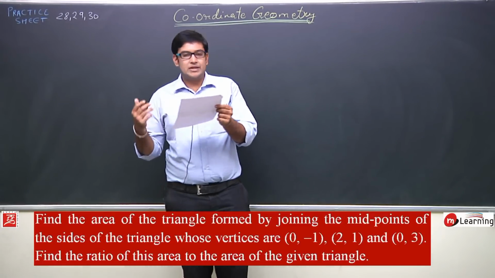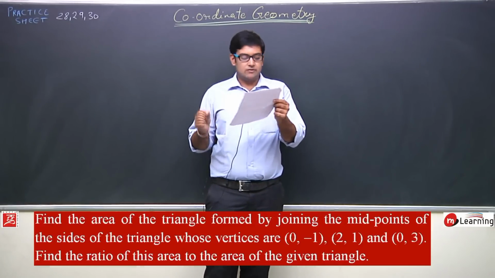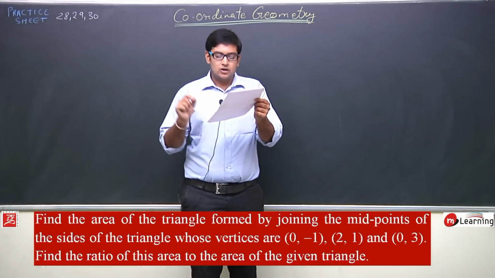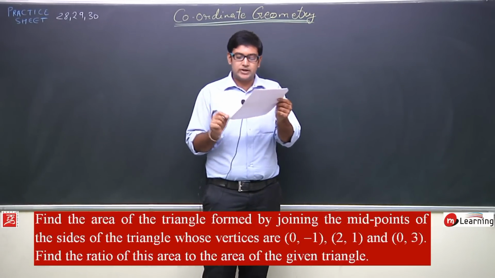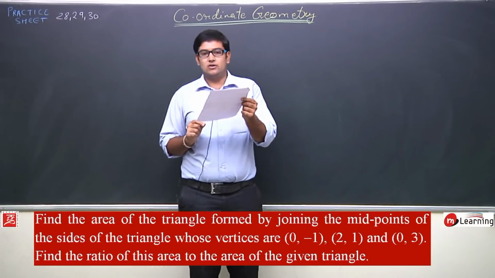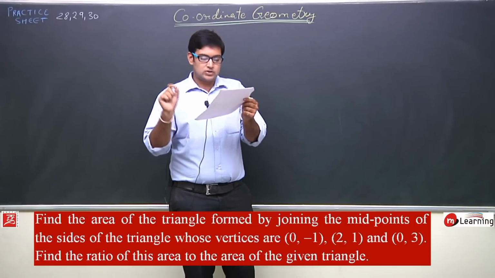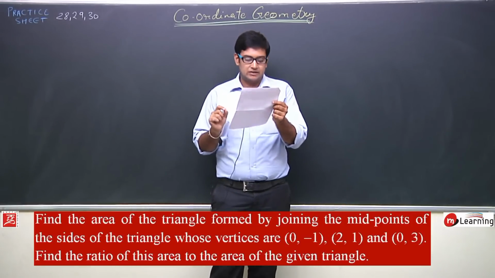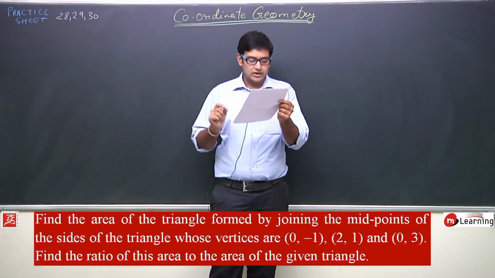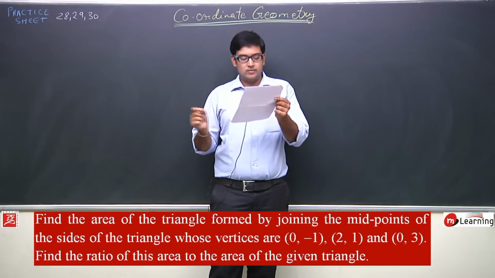Okay, so let me repeat the question. The question says, find the area of a triangle formed by joining the midpoints of the sides of a triangle. There is a triangle whose vertices are given to us, that is (0, -1), (2, 1) and (0, 3).